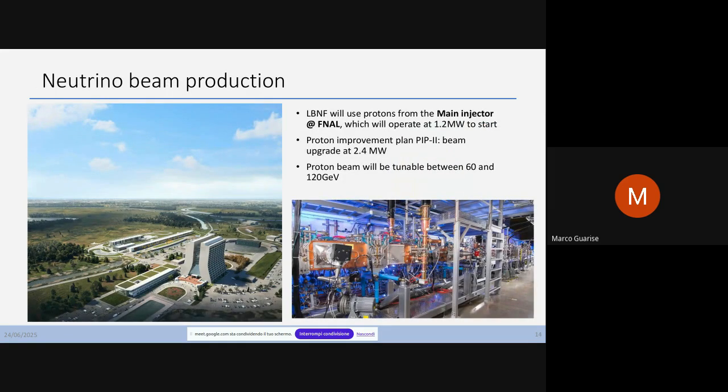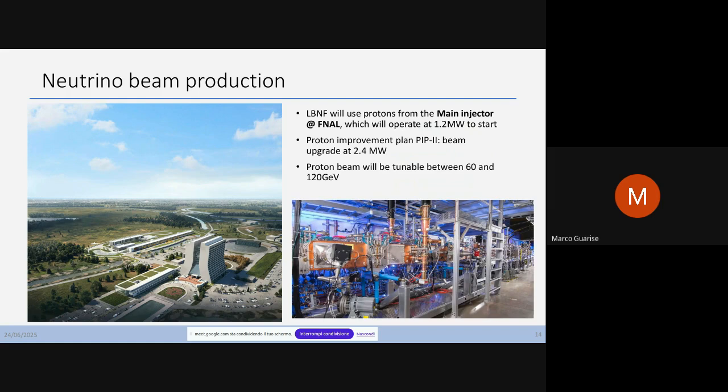So let's start with the production of neutrino. Neutrino, as I said, will be produced at Fermilab using the main injection from protons that will, at the beginning of the project, operate at 1.2 megawatt and then be upgraded to 2.4 megawatt with the so-called proton improvement plan.